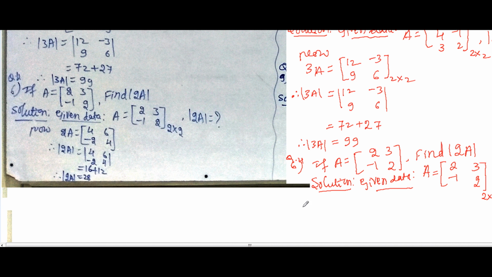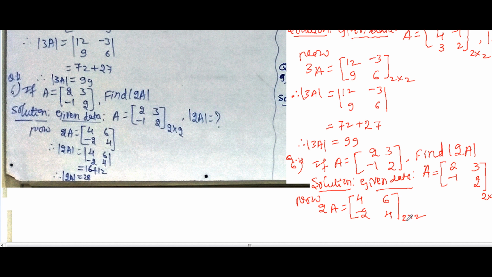Okay, first and foremost we shall find 2A. Now 2A, just 2 has to be multiplied to all these elements of A. So 2 into 2 is 4, 2 into 3 is 6, 2 into minus 1 is minus 2, next 2 into 2 is 4. Again its order is 2 by 2 only.